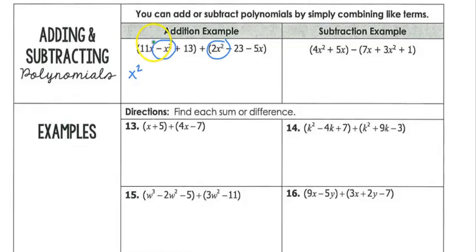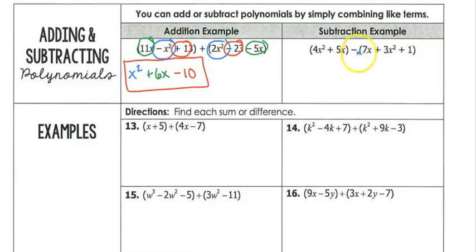Okay, my next highest exponent would be 1, so I have 11x minus 5x, so that would give me 6x. And then my constants, I have 13 and negative 23. So 13 minus 23 is going to be negative 10. And that would be my final answer because there's no more like terms and it's in standard form.